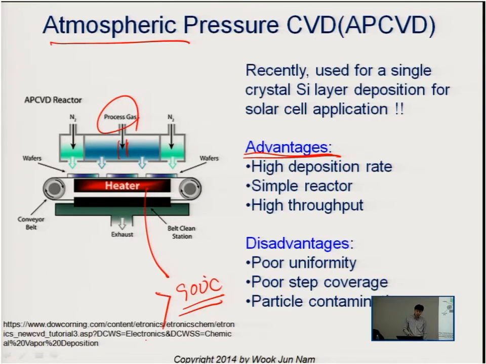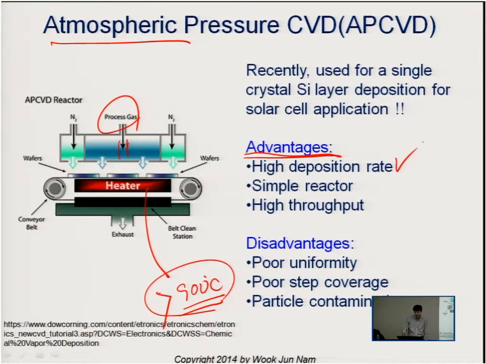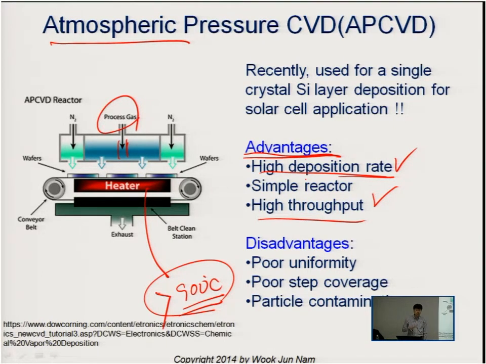Since it uses a very high flux of reaction gas and a very high temperature, the deposition rate is very fast, and a high deposition rate means high throughput. The film is deposited not only on your substrate, but also on the chamber wall.